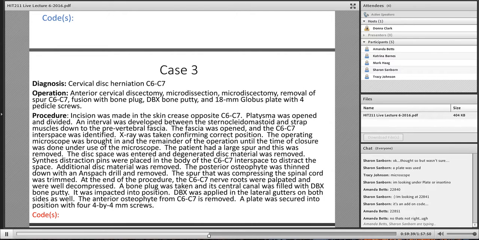Right, so some of this other, I see you have mentioned 22842, that's posterior. Yes, anterior is what we need, which would make it the 22845. And it's 2 to 3 vertebral segments. Is that what we have?